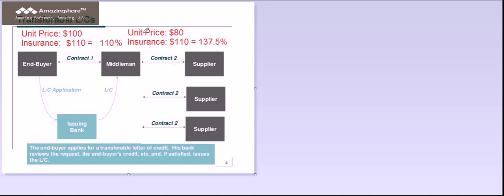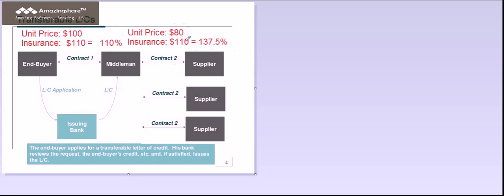So this middleman will subtract his commission from this price and give the unit price of $80 to this second supplier. Now if this guy again does 110%, then the insurance would be $88. But in the main LC the insurance required is 110. So what he must do is bring this insurance amount to 110 as required in the main LC.